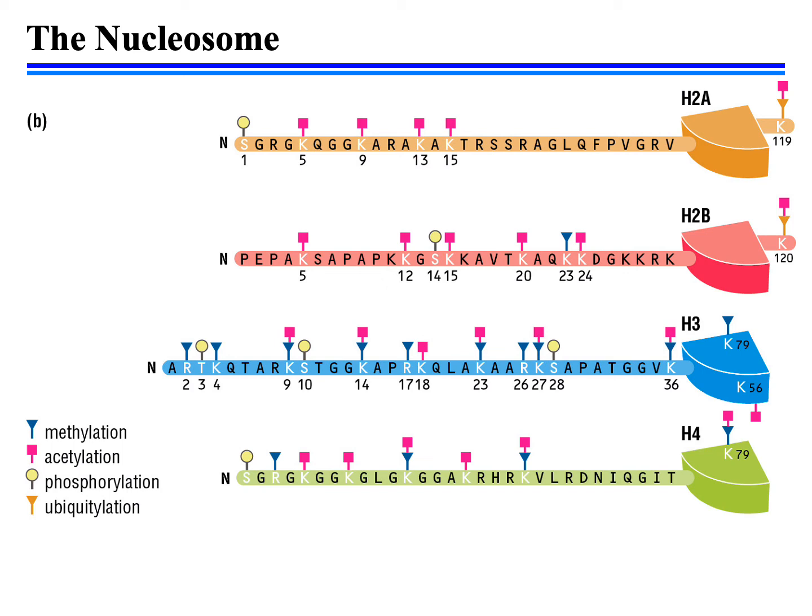Typically what happens with ubiquitination is that it allows for transcription activation. However, the most well understood role of ubiquitination is to play a role in DNA repair processes. And so we will talk about that in a little more detail when we talk about DNA damage and DNA repair.